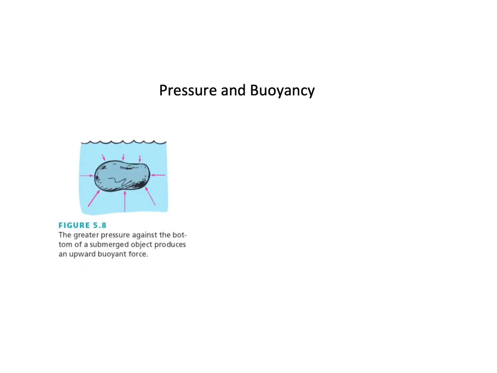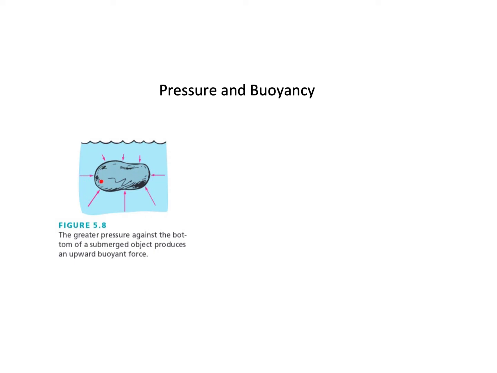Now, we just talked about how the deeper you go in a fluid, the more the pressure is. And so if you have something that is submerged in a fluid, the pressure exerted by the fluid on the top of the object is going to be less than the pressure exerted on the bottom of the object. That means there's going to be a net upward pressure on the object.